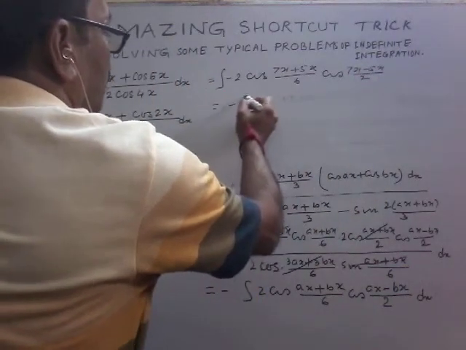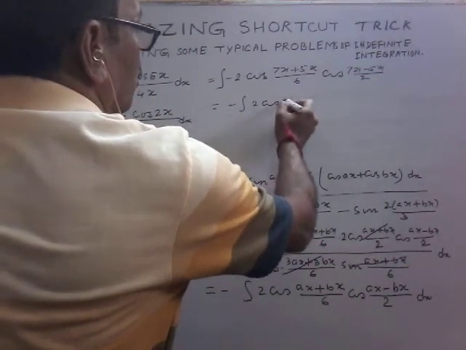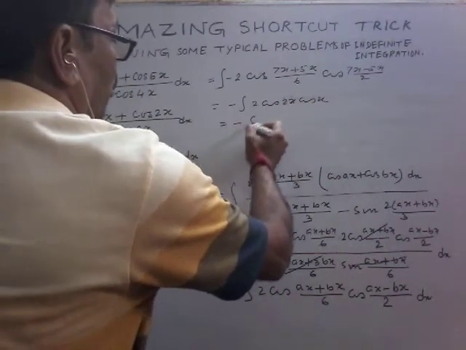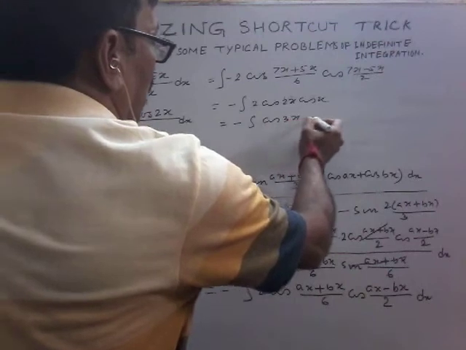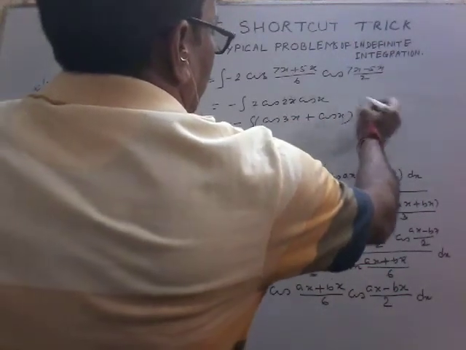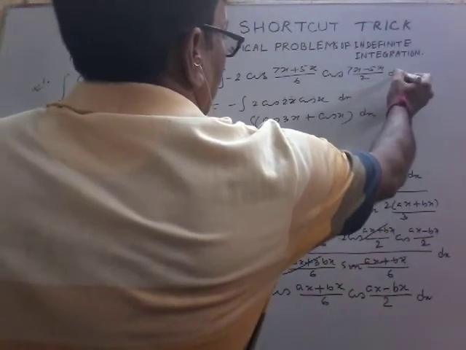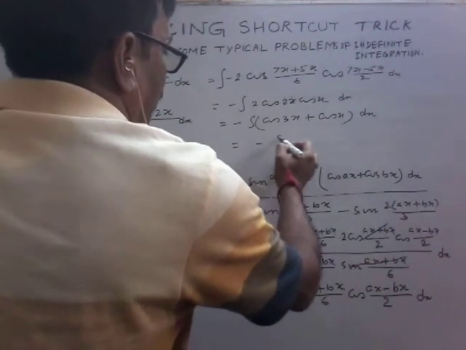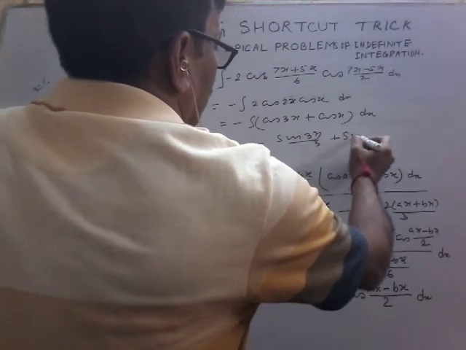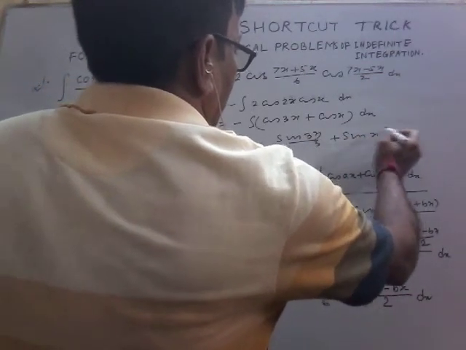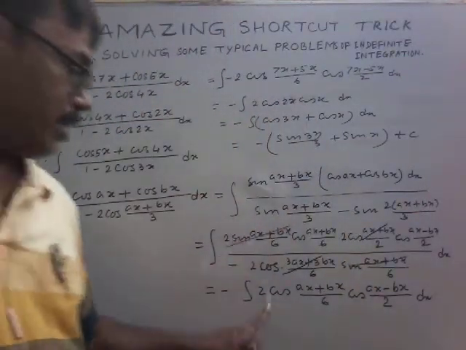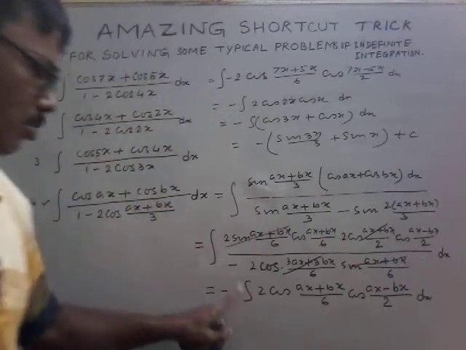So minus 2 cos 2x into cos x, so minus (cos 3x + cos x) dx. So minus (sin 3x/3 + sin x) plus c. So this is the result.